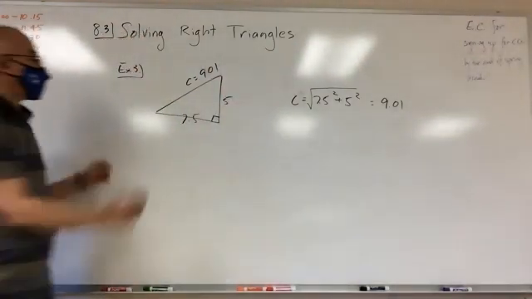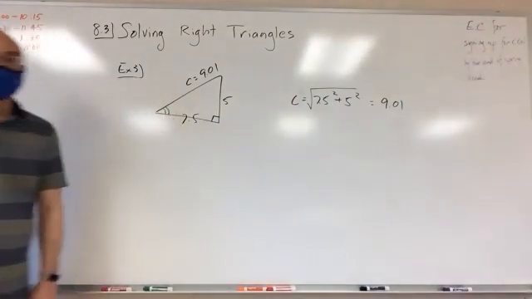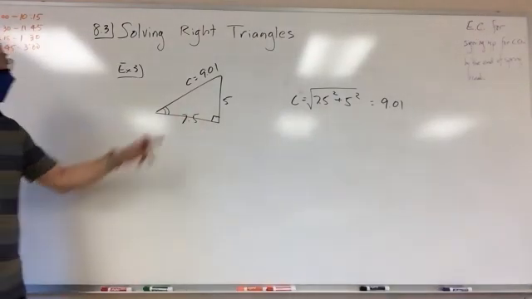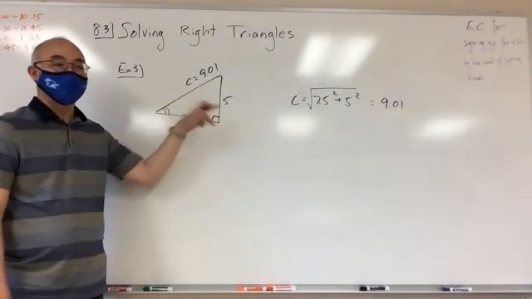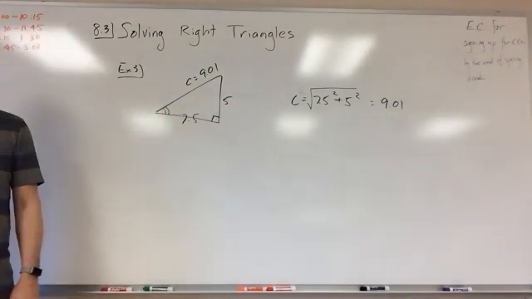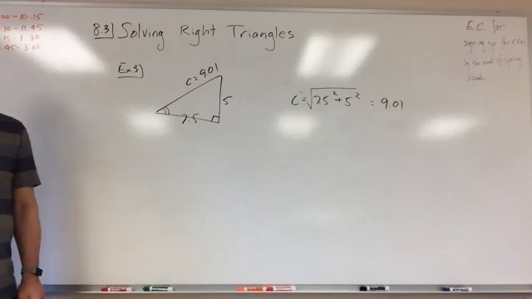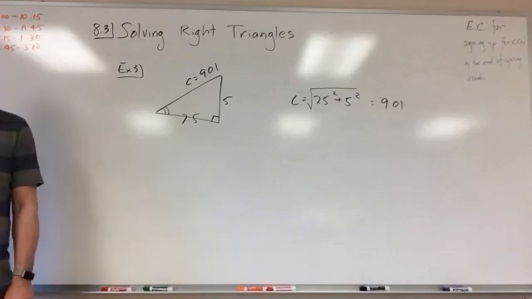Now I have to find the angle here. I can use sine, cosine, or tangent, whichever one I want, because I have all 3 sides, the 2 legs and the hypotenuse. Which one is the preferred one here, if there is a preferred one? Any guesses? Any opinions?